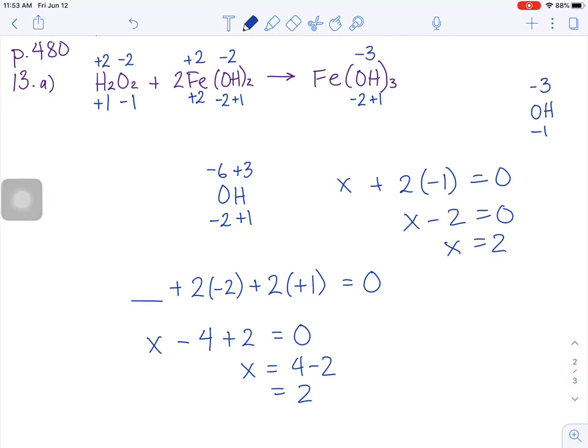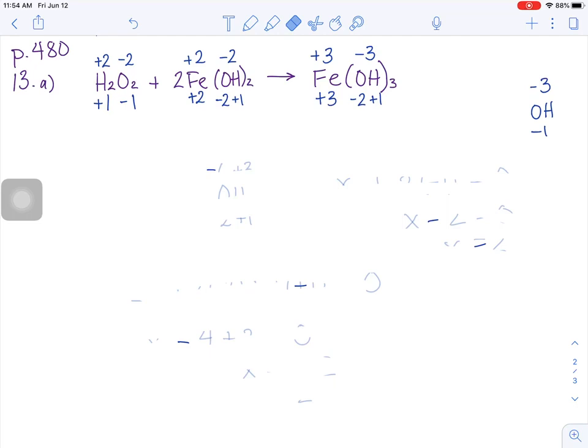To counteract that, to end up with a neutral charge, I need a +3 for iron. And once again, I only have 1 atom of iron here. And so that's going to have a +3 as its oxidation number. I'm just going to get rid of all this rough work, and then we'll talk about our comparisons.